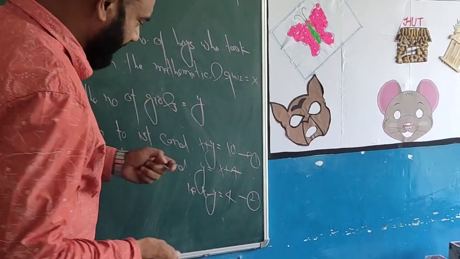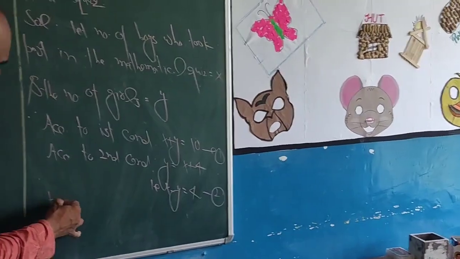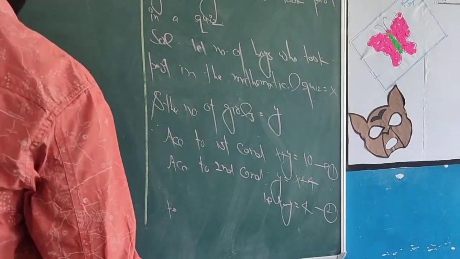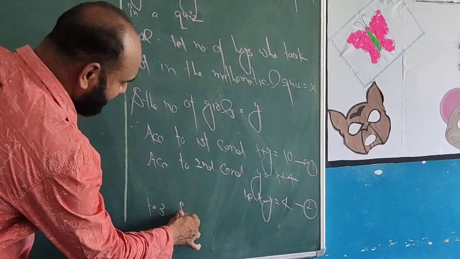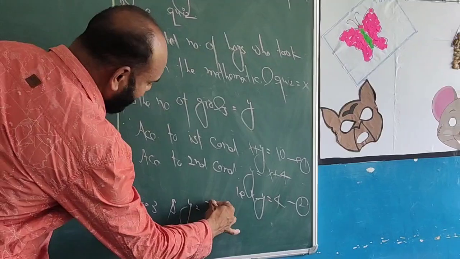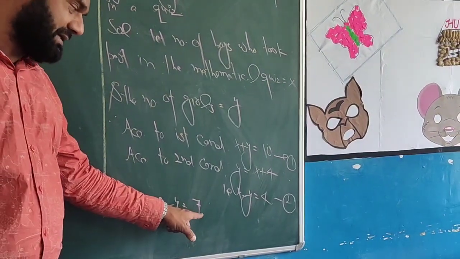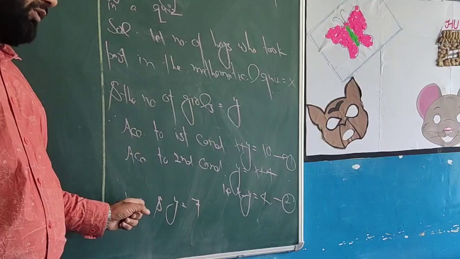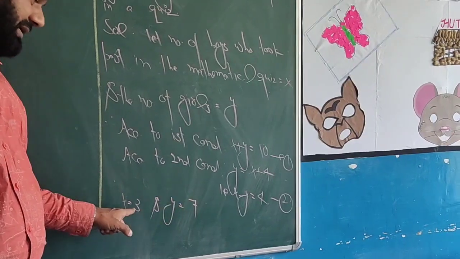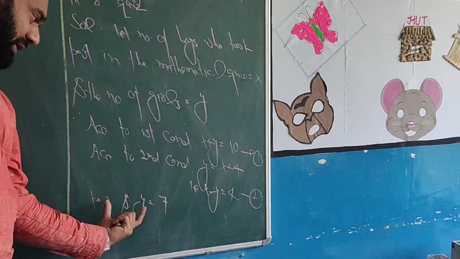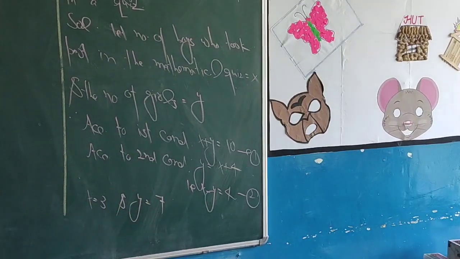By solving graphically we get the value of x is 3 and y is 7. It is clear that the number of girls is 4 more than the number of boys, because the number of boys is 3 and the number of girls is 7, and the total students 3 plus 7 equals 10.